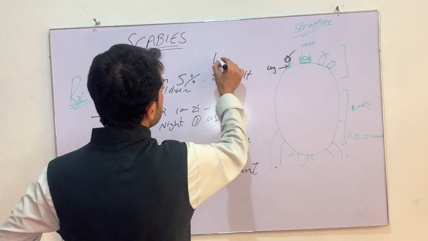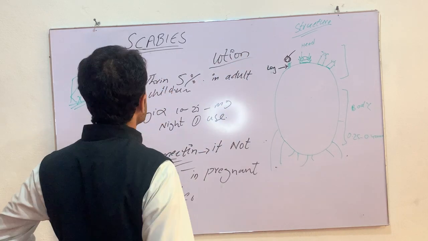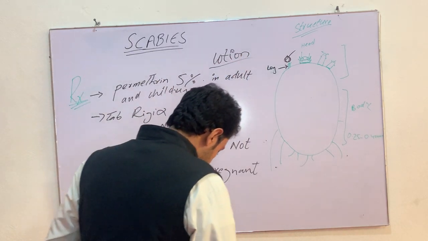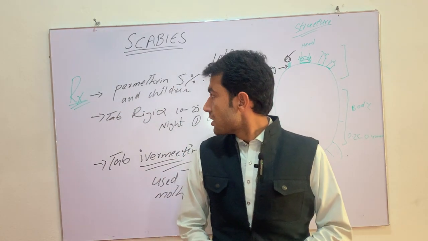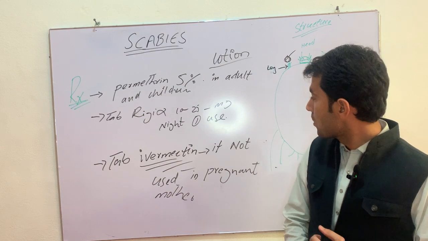Permethrin is a lotion with which we bathe. So that is the treatment of scabies, and that is the whole study about Sarcoptes scabiei.